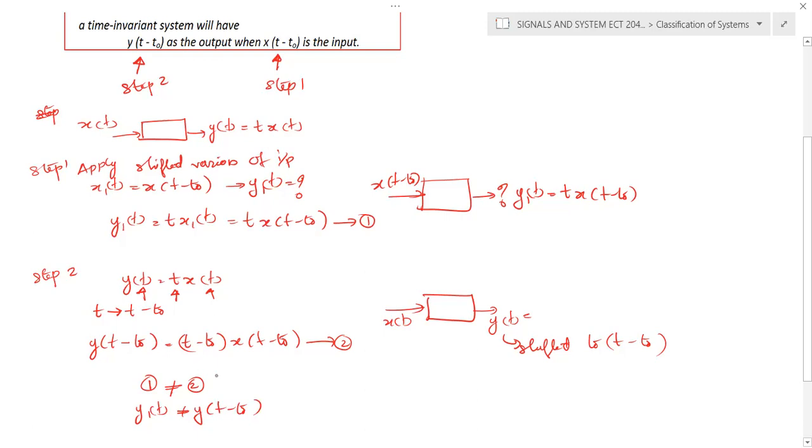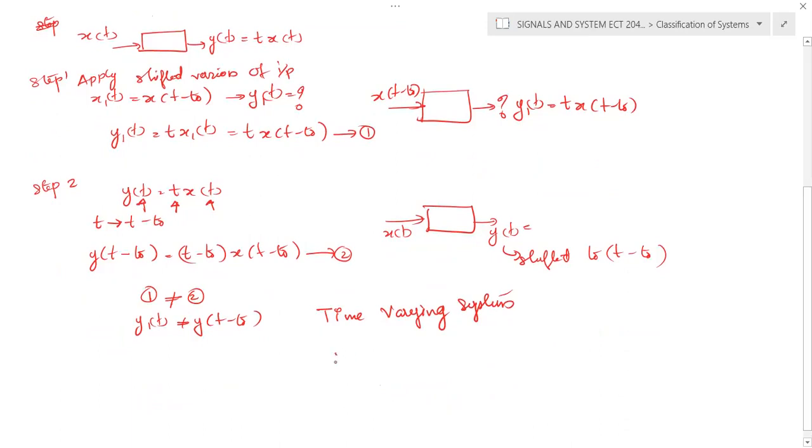So from this example, we can conclude that the given system is a time varying system, or we can call it not a time invariant system.